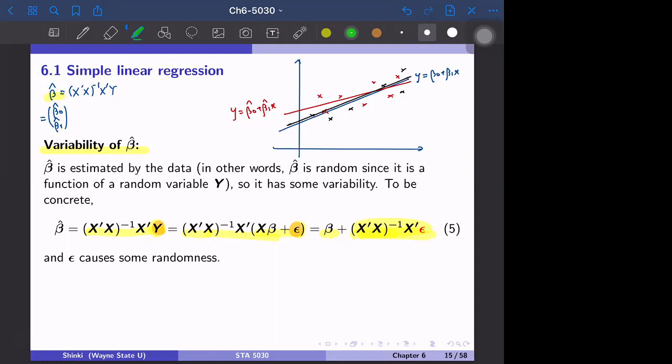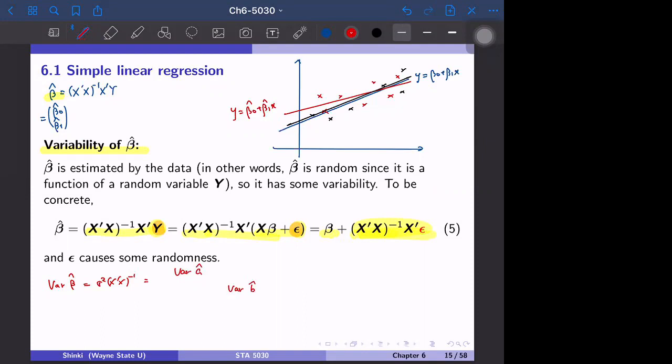And I would like to add one explanation on how to interpret the off-diagonal term of the variance of beta hat. So we proved that the variance of beta hat is sigma square times X transpose X inverse. This is the variance of A hat and the variance of B hat.